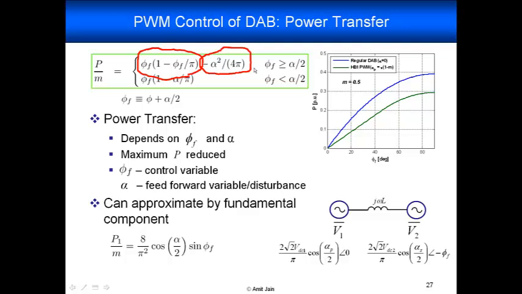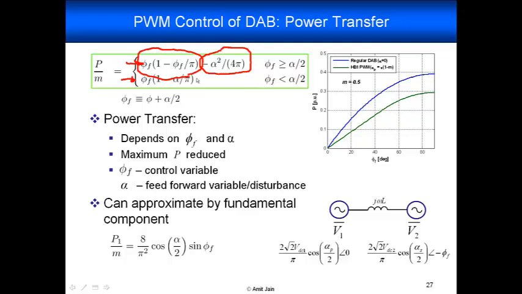Now you get different modes of operation, depending on the two phase shift values: the phase shift between the primary and secondary bridge, and the phase shift that you are introducing between the two legs of the same bridge. Depending on the relative values, you get either the first expression or the second expression.